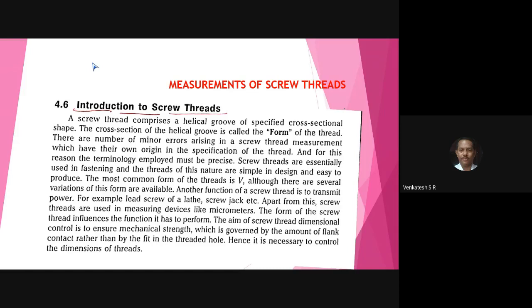In British thread they use a module, but in the case of metric thread we use the letter M. For example, if you write M18, that indicates the major diameter of the thread is 18 millimeter, and M indicates it is a metric thread. We follow the international standard, that is the metric system.